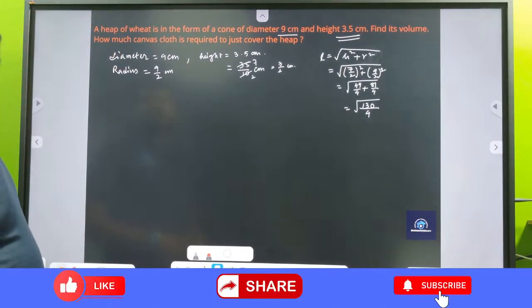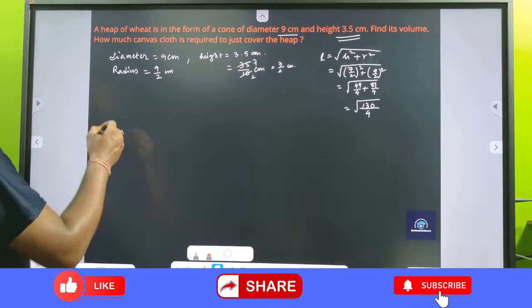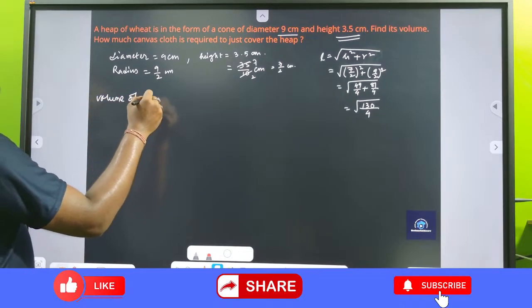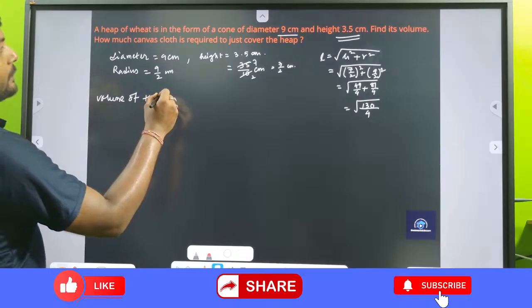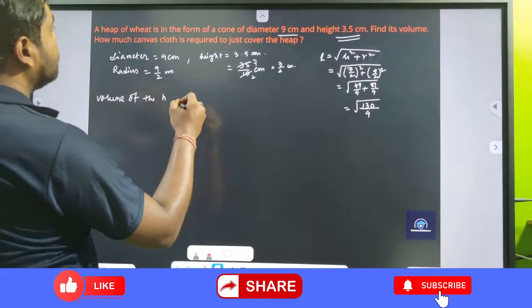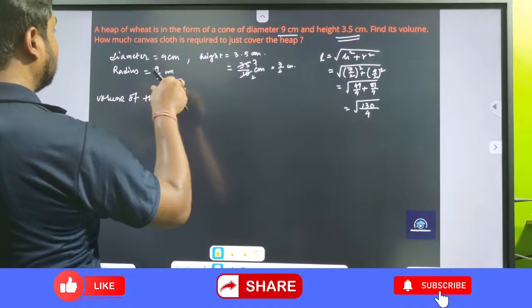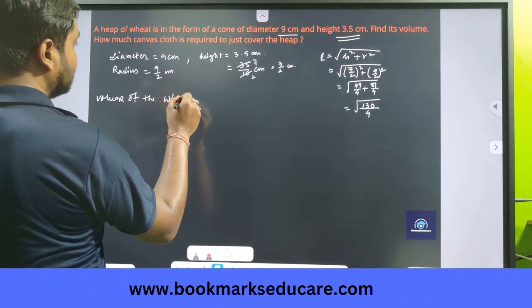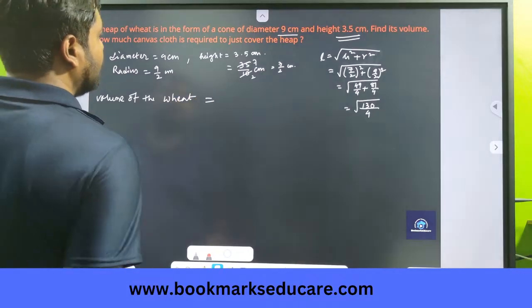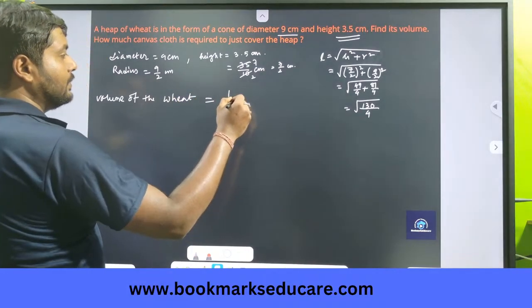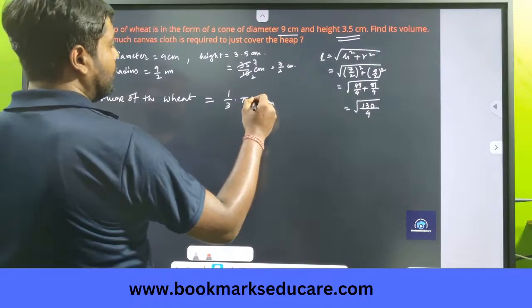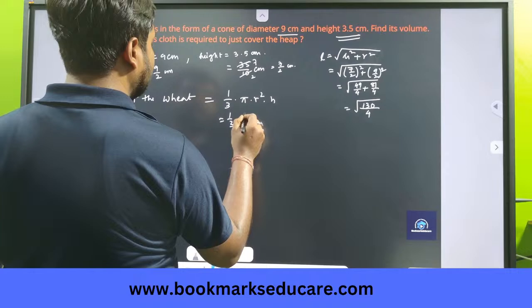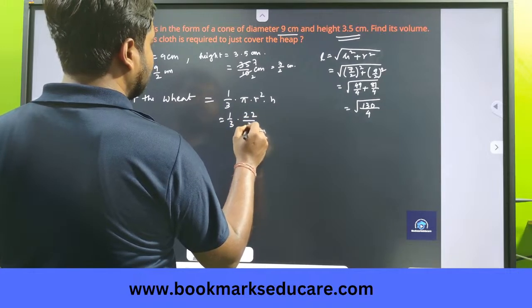Now let's find the volume. So volume of the heap, the volume of wheat, is 1/3 pi r square h. That is 1 by 3, 22 by 7.